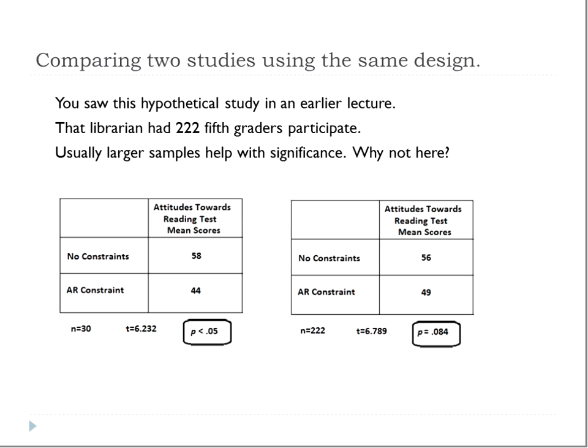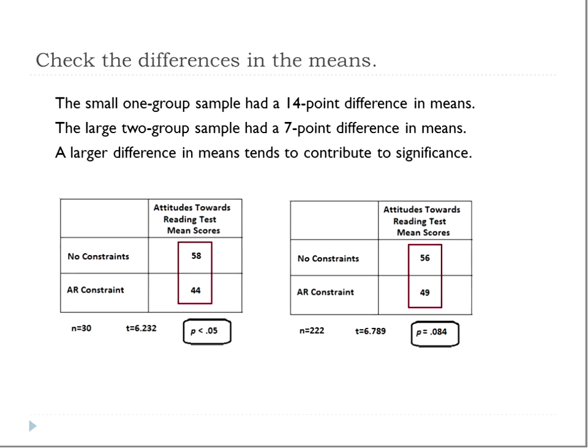The librarian who had the 30 students, one group who she tested before and after the summer reading program, she achieved significance. The other study that had 222 students in it, where there were two groups, one had the constraints and the other one had no constraints, did not achieve significance.